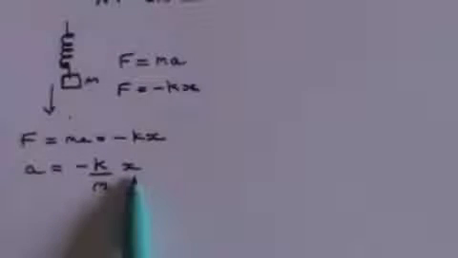Therefore, F equals ma, which equals minus kx. So a equals minus k over m times x. This tells us that the acceleration is proportional to the displacement, and that is simple harmonic motion.